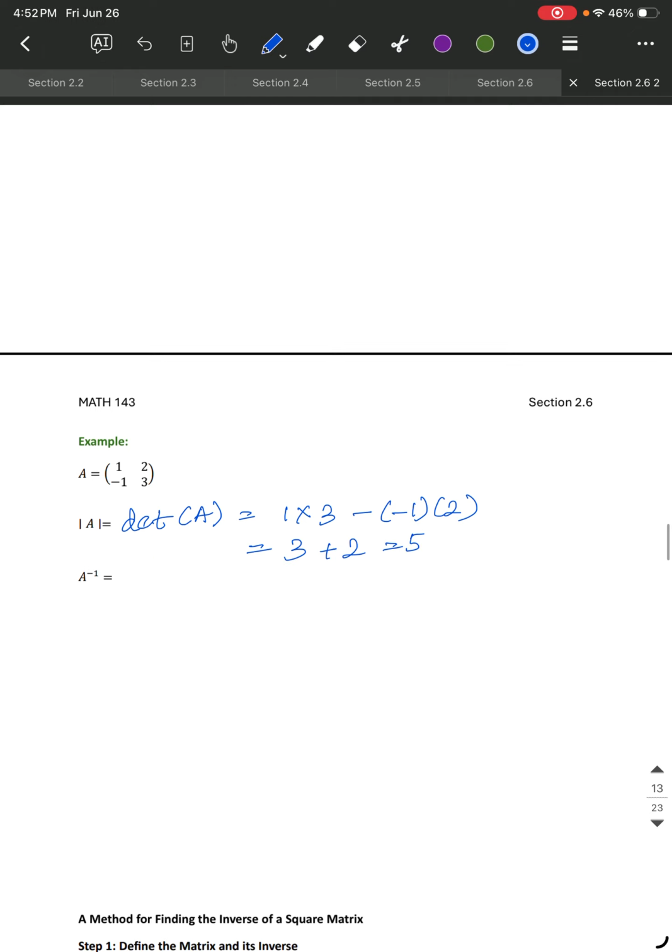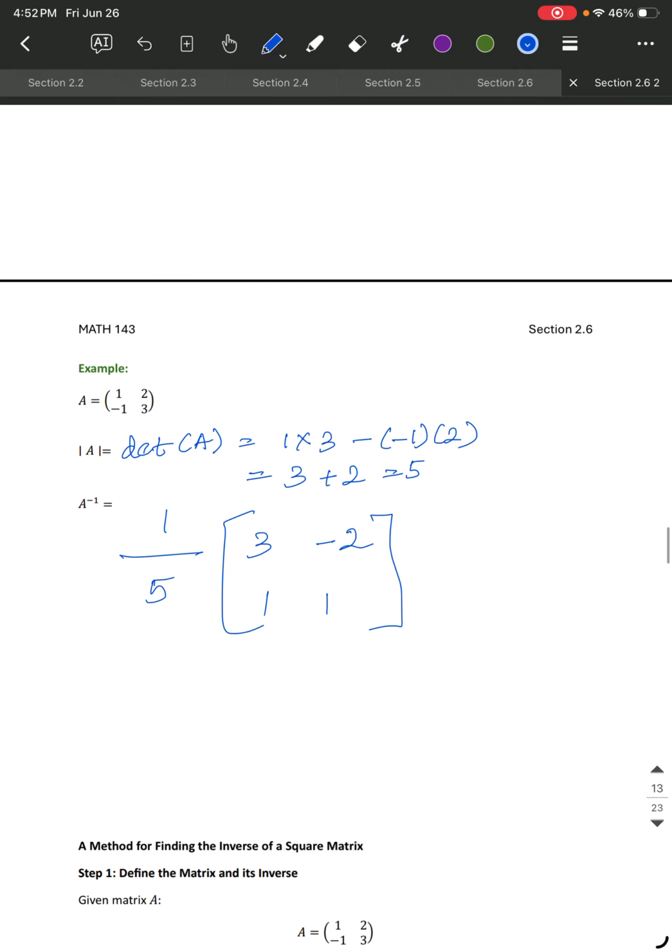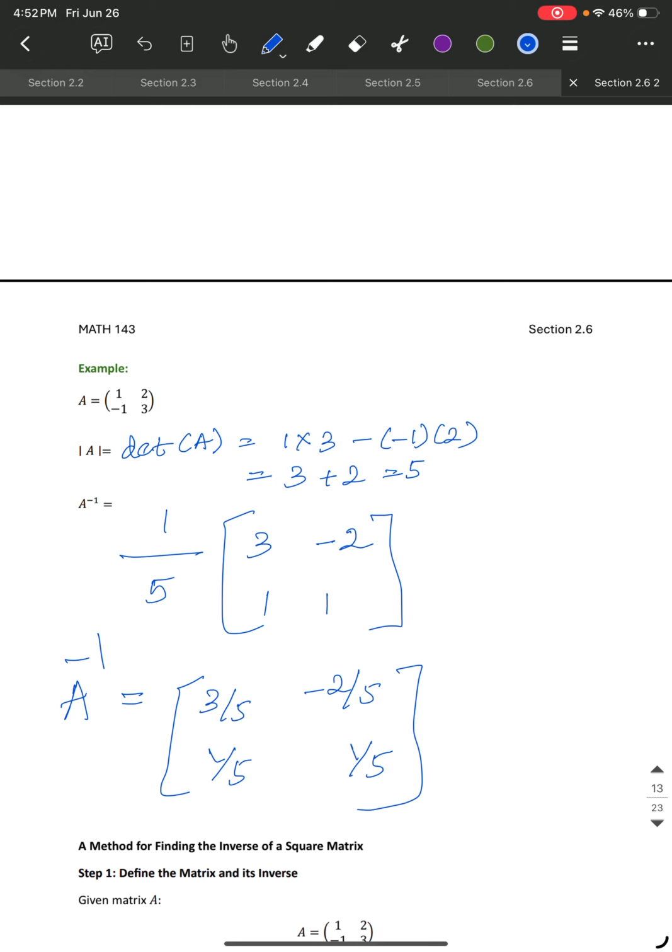Then, next, A inverse is 1 over 5 times: switch the main diagonal values and change the sign of the other diagonal values. And finally, divide all of them by the determinant. That means 3 over 5, negative 2 over 5, 1 over 5, 1 over 5. The A inverse.